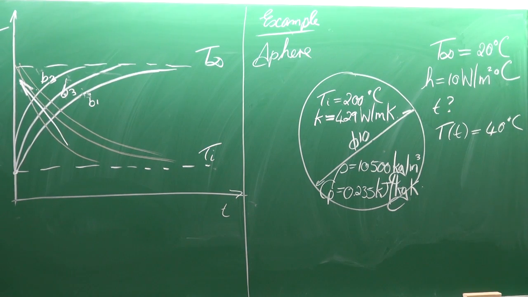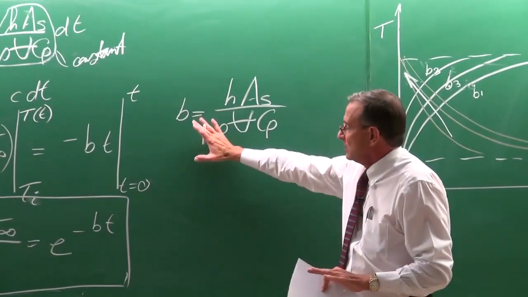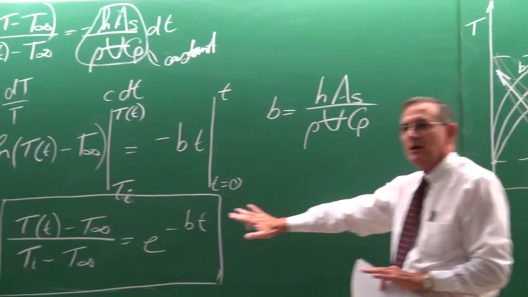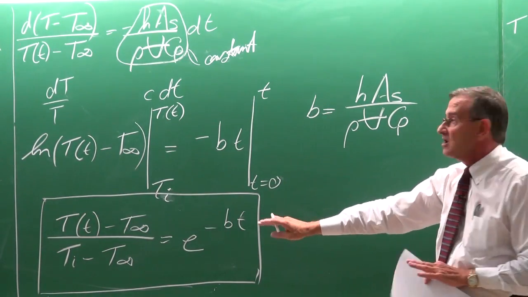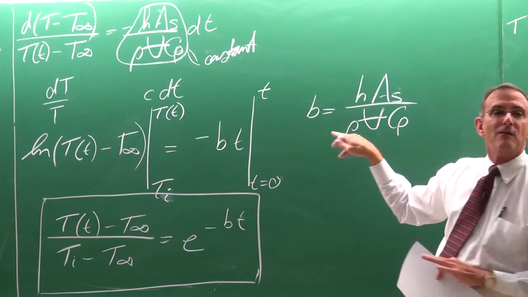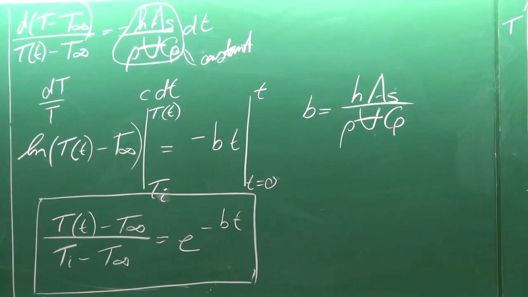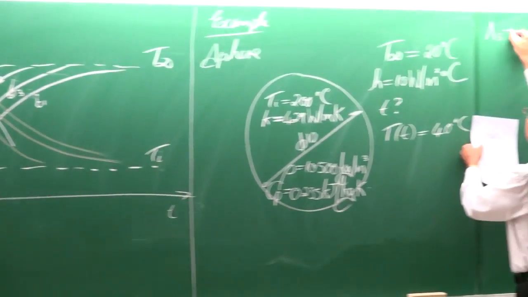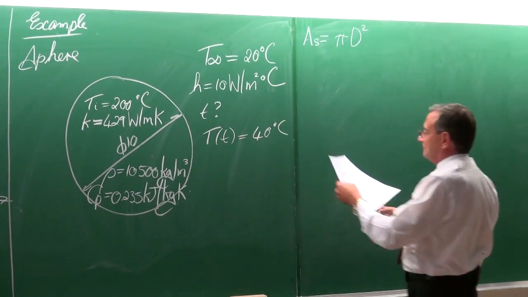Right. So if we look at typically the B value, if we look at this equation, we can do some calculations before we put it into the equation. For example, we can see that we have to calculate the surface area and the volume. So I'm going to start with that. The surface area of a sphere is equal to pi d squared.